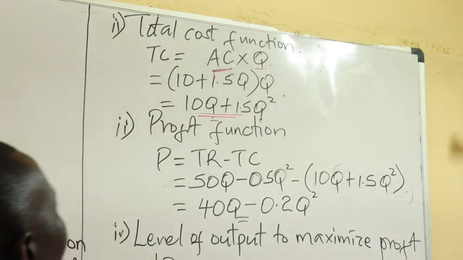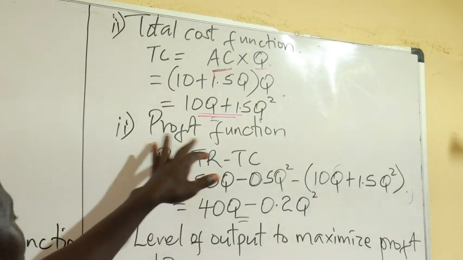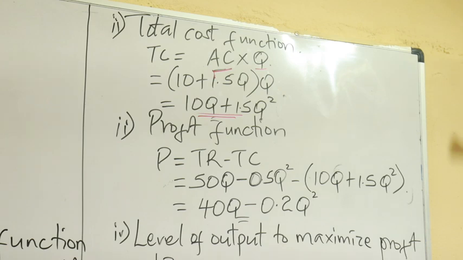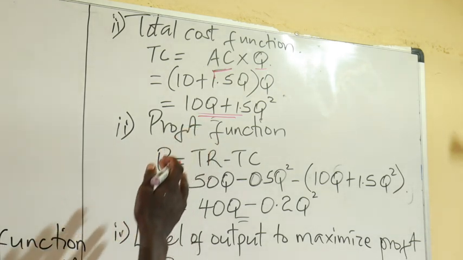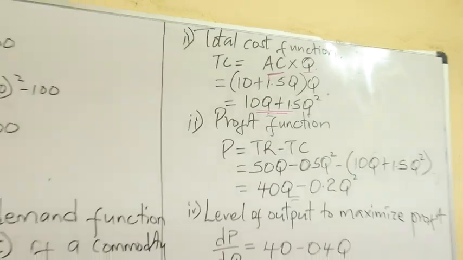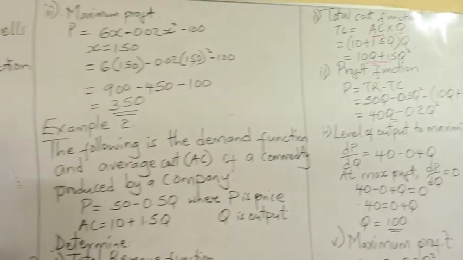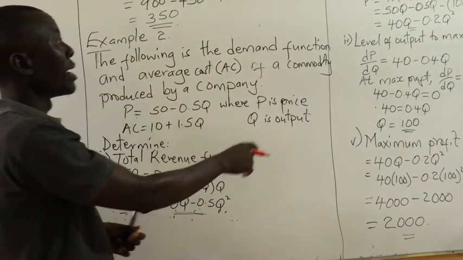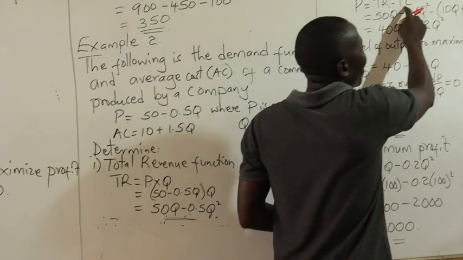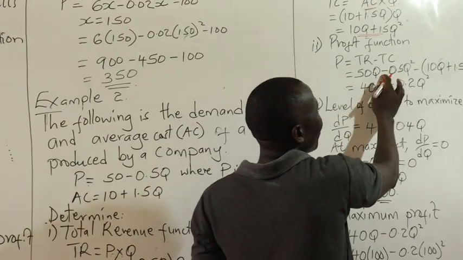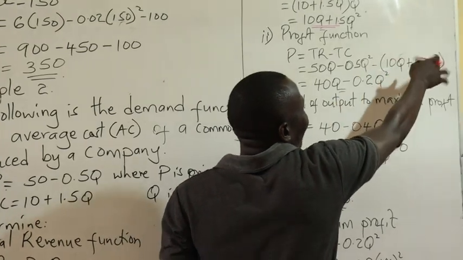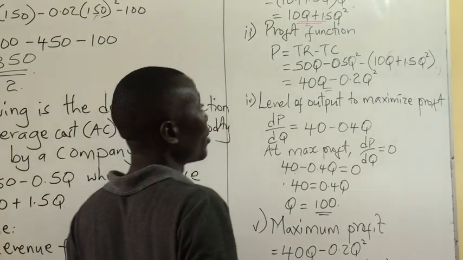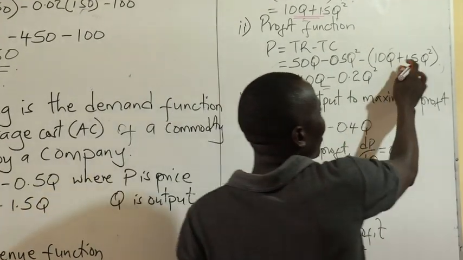Roman 3, we are asked to calculate the profit, or to show the profit function. And as we stated earlier, profit is the difference between total revenue, which we have here as a function, and total cost as I indicated here. And therefore, we have the total revenue function minus the total cost. Remember, this minus affects everything that is inside the bracket because this is the whole total cost function.